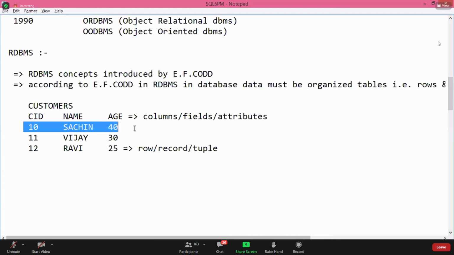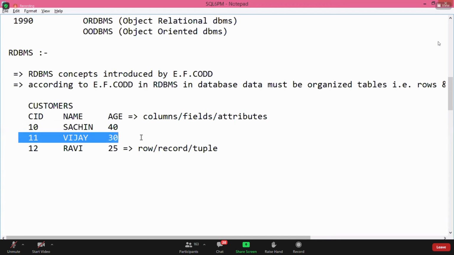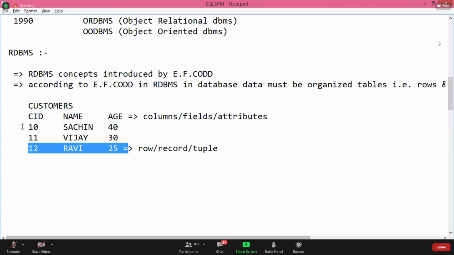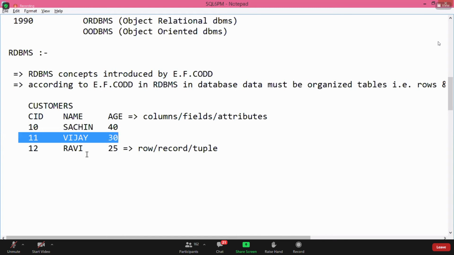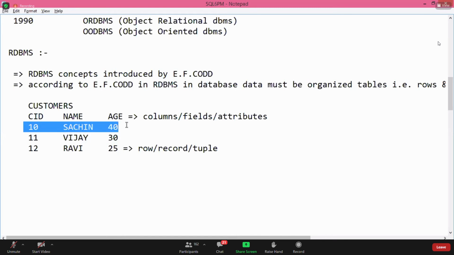Each row contains one customer's details: his ID, his name, his age. So one row gives one customer's details.